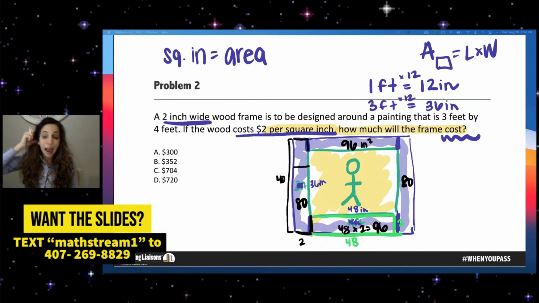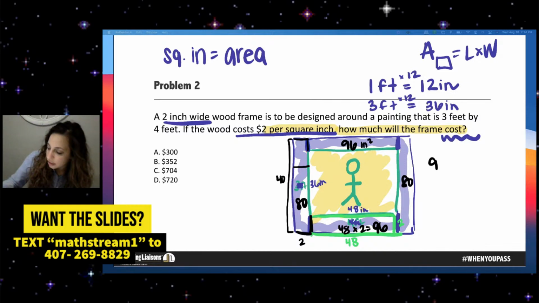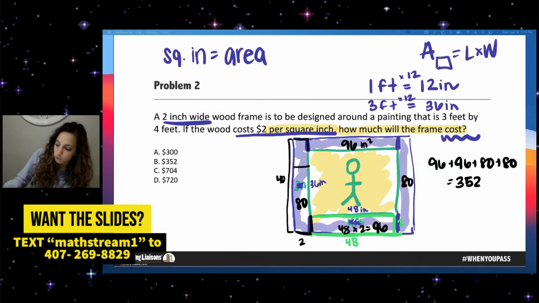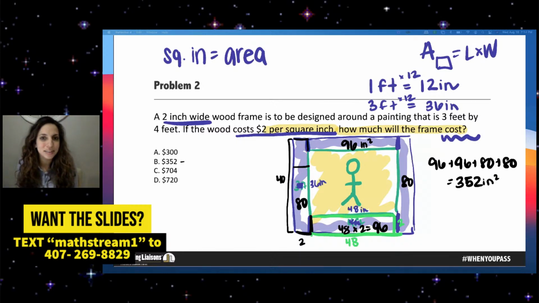So now I need to add all my areas together. 96 plus 96 plus 80 plus 80 is 352 inches squared. You notice that that's one of the answer choices. That is not our answer, because what does that number give us?